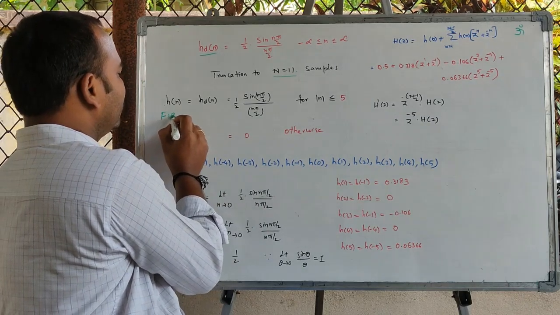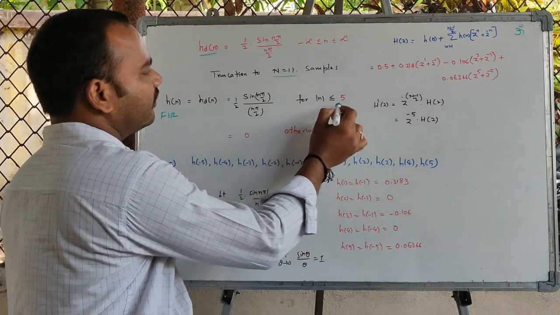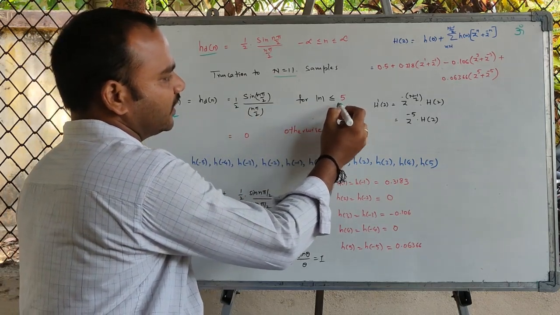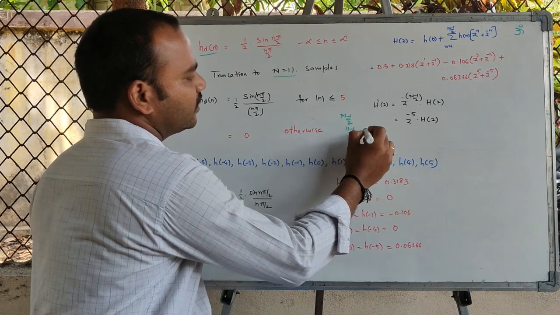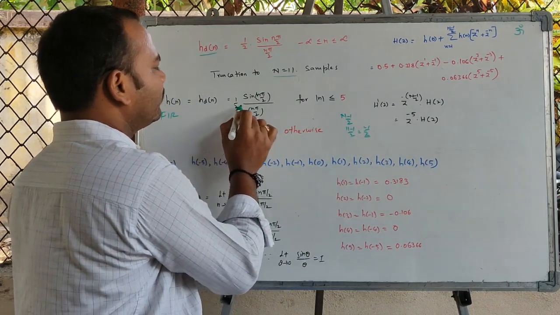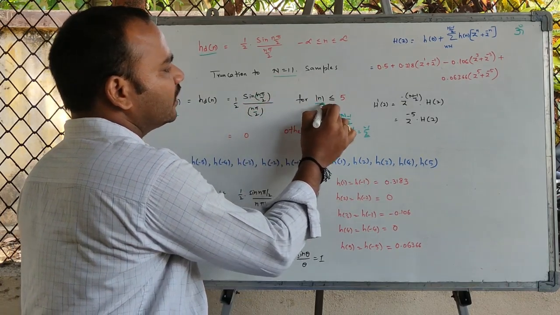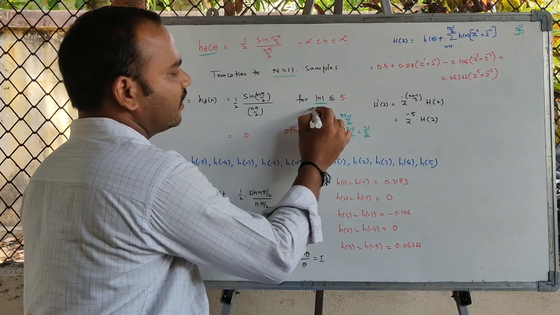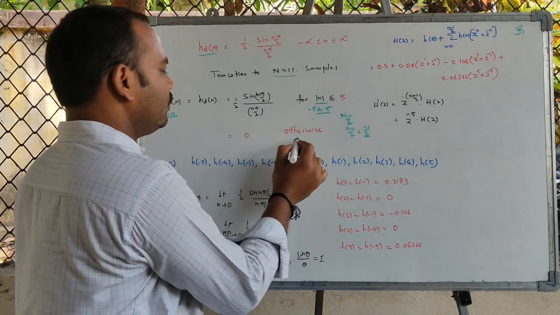Now the FIR filter h of n is equal to the desired filter truncated for 5 samples, that is (N minus 1) by 2, (11 minus 1) by 2 is 5 samples. So h of n is equal to half times sine n pi by 2 by n pi by 2, where the range of values of n is from minus 5 to plus 5, and equal to 0 otherwise.